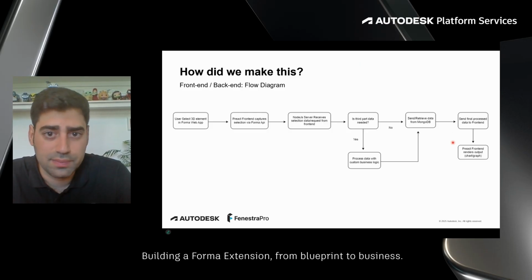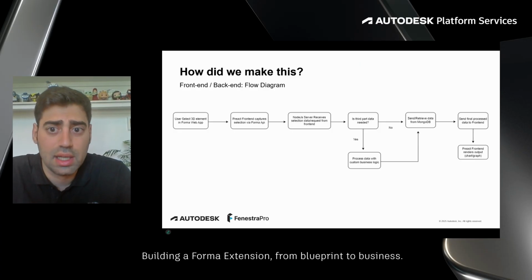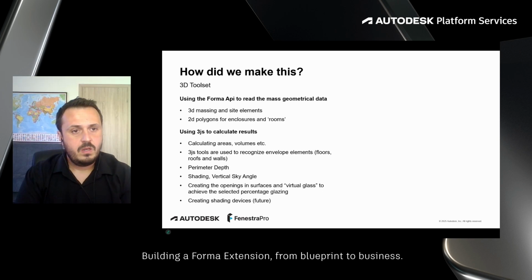At this level, all the data is ready to consume on the front end, so we can update or re-render all the charts, graphs, or any kind of outputs that we display in the Forma dashboard or Forma pages. In the next slides, my teammate Miro will talk about the 3D toolsets.